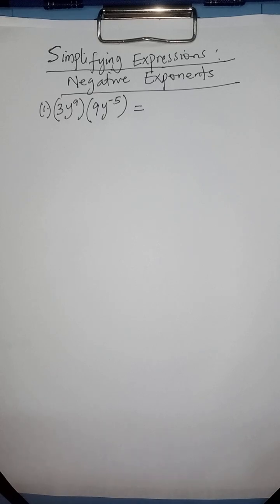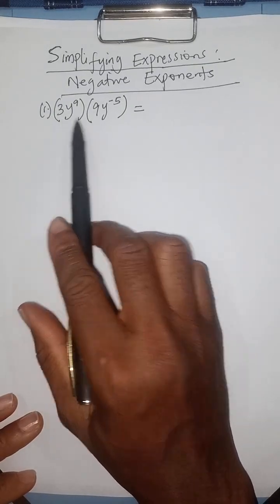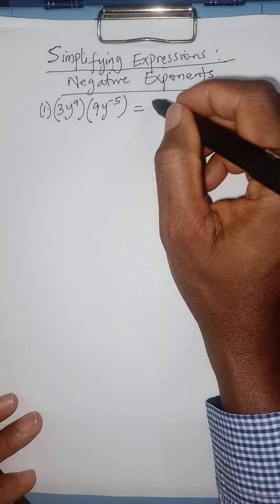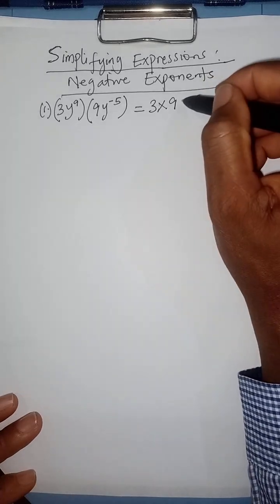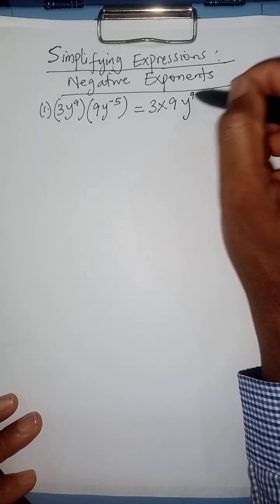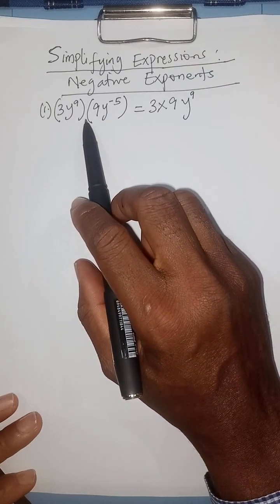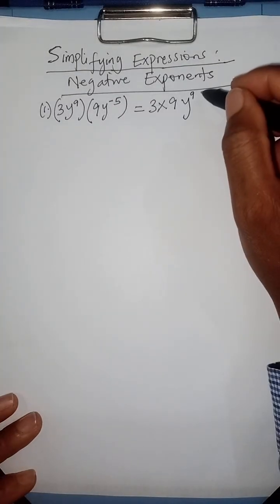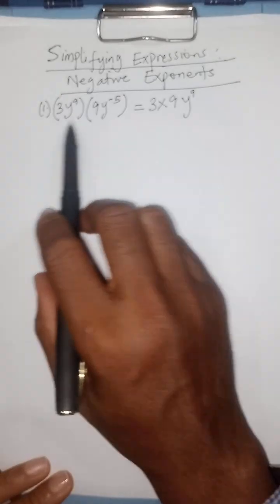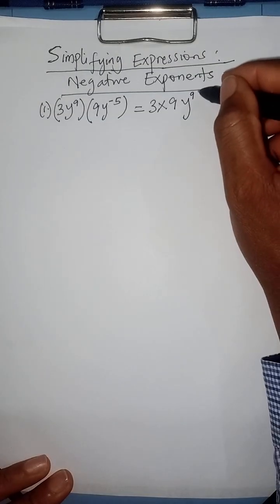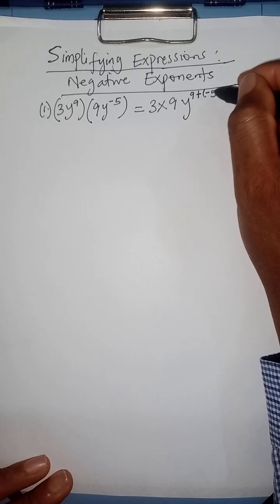So in this case, I'm going to multiply the coefficients separately, 3 times 9, then y raised to power 9. Remember, this is brackets, and brackets mean multiplication. And if you are multiplying terms like this, you add the powers, plus minus 5.